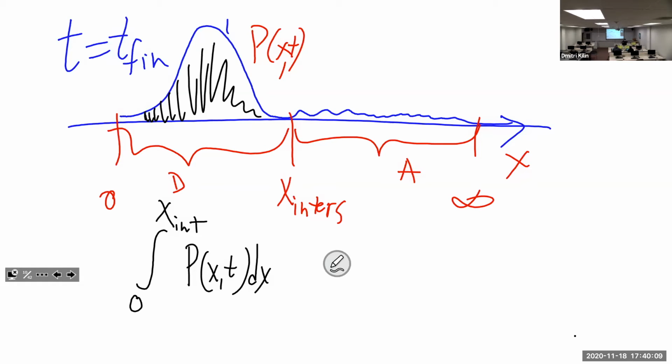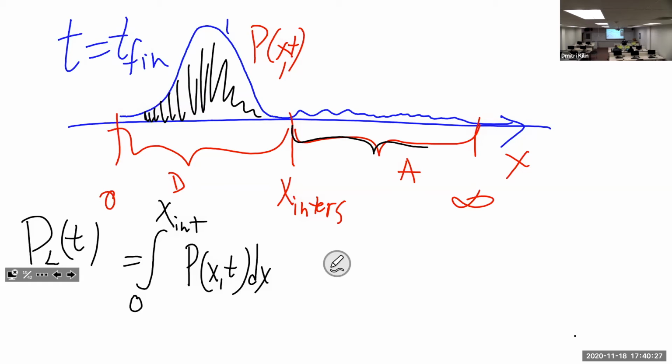This will tell us the probability. We can call it P left, or P donor: the probability that the electron is still in the donor.